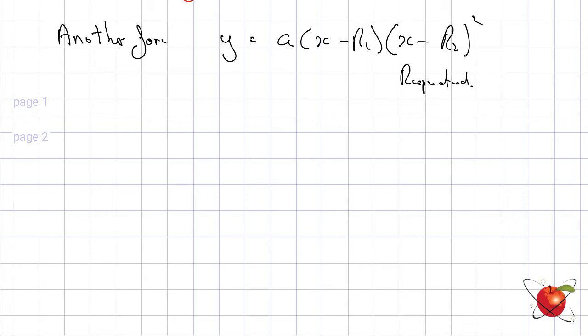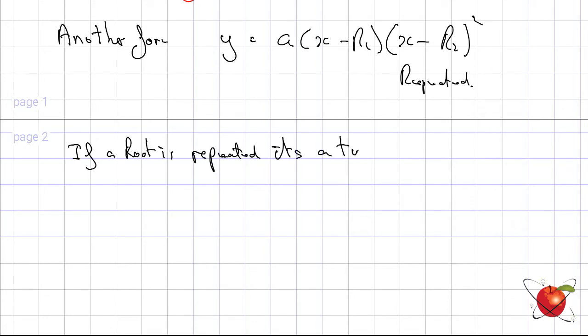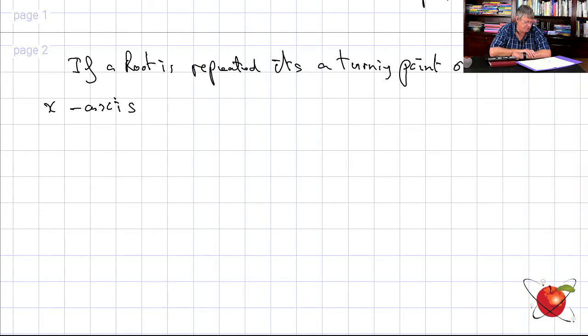Essentially what we're saying is that if a root is repeated, it's a turning point on the x-axis. Just remember, not axis. So we say, cool, it's a turning point on the x-axis. We'll get to these in a moment. We're just going through some theory.